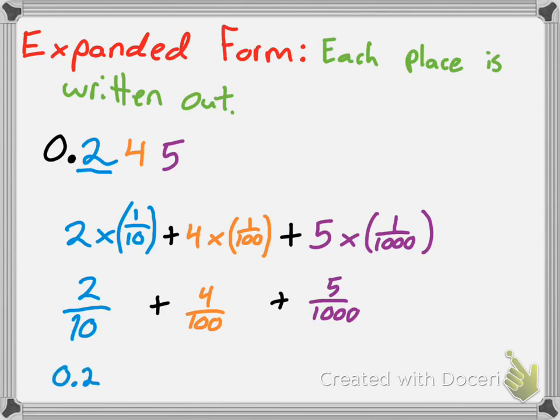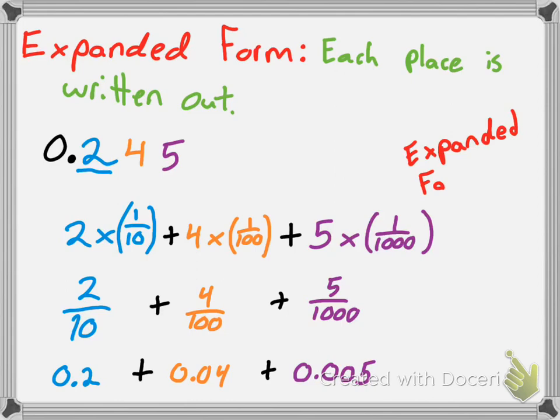We'd have a 2 in the tenths place, 2/10ths, plus we'd have a 4 in the hundredths place, so 4/100ths, plus a 5 in the thousandths place because it's 5/1000ths. When you add it all up, you get 0 and 245 thousandths. This first example is actually how you write out in expanded form.